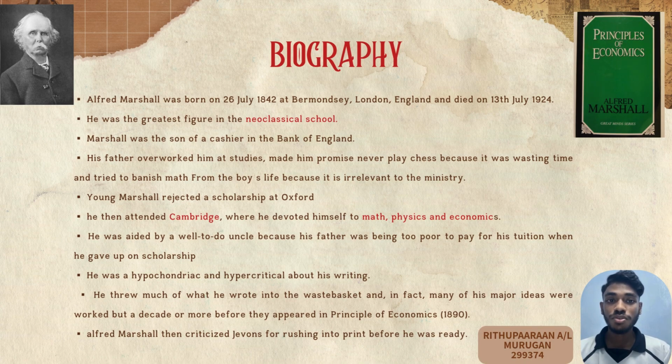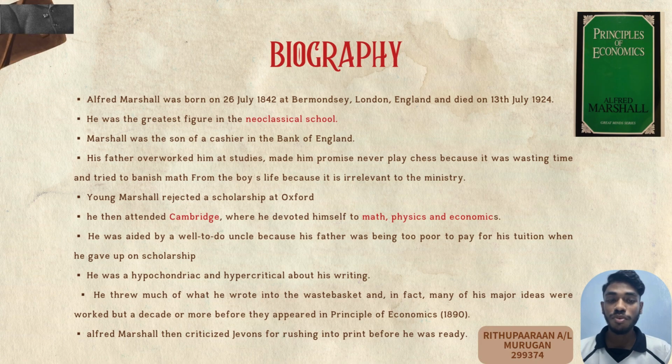He threw much of what he wrote into the waste bucket, and in fact, many of his major ideas were worked out a decade or more before they appeared in the Principles of Economics in 1890. Marshall criticized Jevons, the figure of marginalist school, for rushing into print before it was ready.